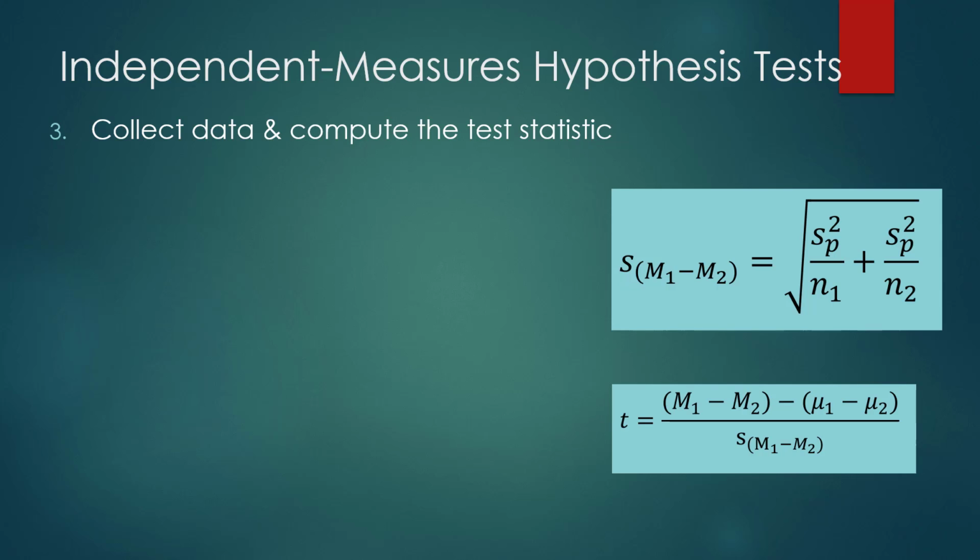So now we need to calculate our estimated standard error. Remember that P stands for pooled, and this S squared is our variance, 4.167. So to calculate our estimated standard error, we need the square root of 4.167 over 6 plus 4.167 over 8.